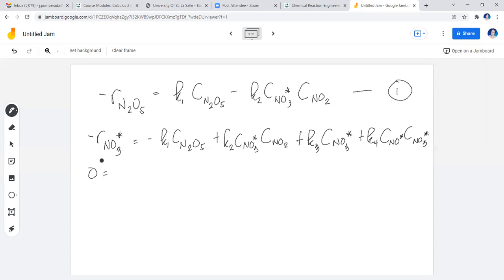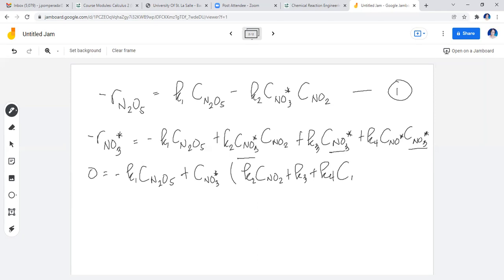So I will have here K sub 1 concentration of dinitrogen pentoxide plus I have here CNO3, CNO3, CNO3. To save us some lines in our solution, I will factor it already. So concentration of nitrogen trioxide, multiplied to K sub 2 CNO2 plus K sub 3 plus K sub 4 CNO asterisk.